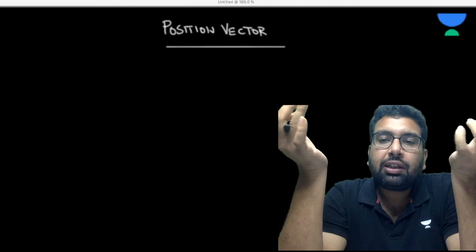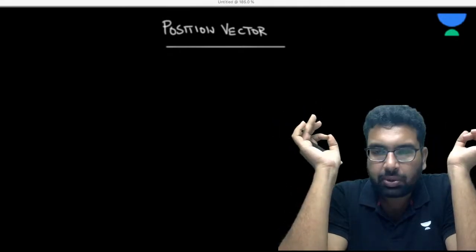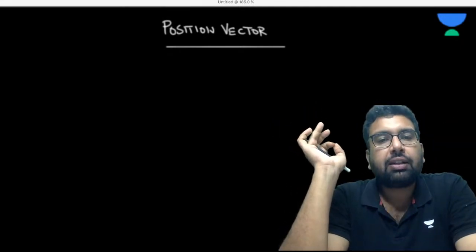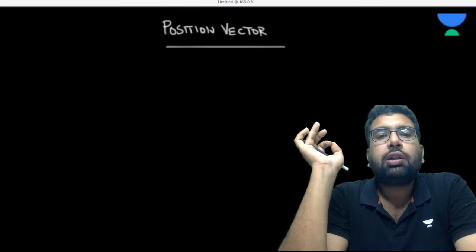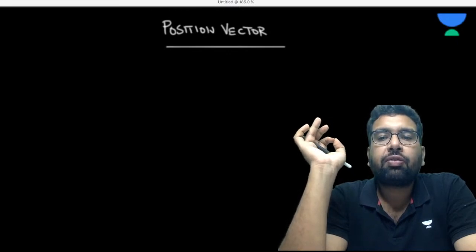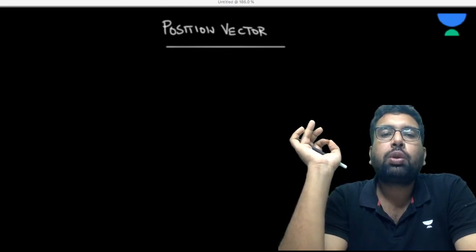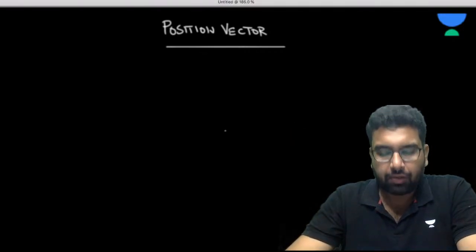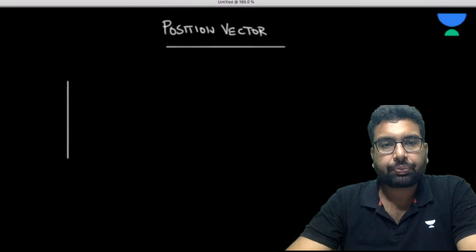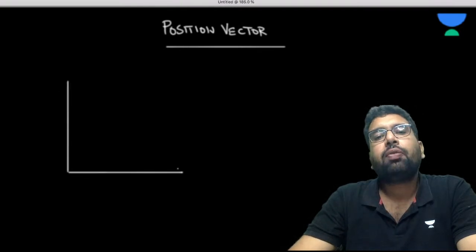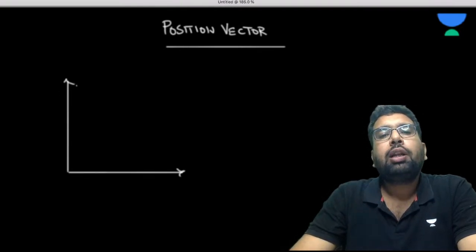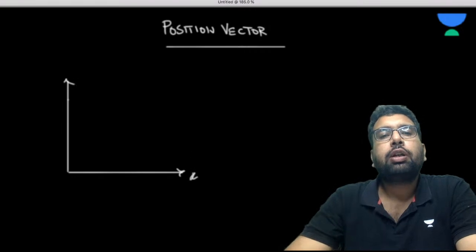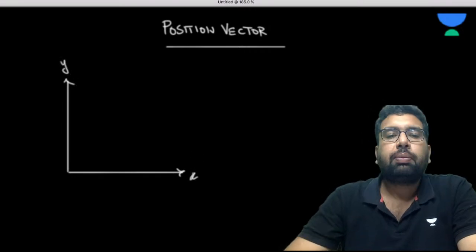Like this, we give directions to someone from some reference. This is how the position vector comes into the picture in physics, and this is very important because it gives someone an idea about the position of any vector. This reference can be taken from anywhere, but normally we take it from the origin. Let's suppose this is our origin.